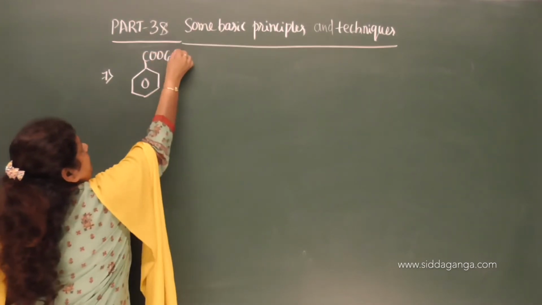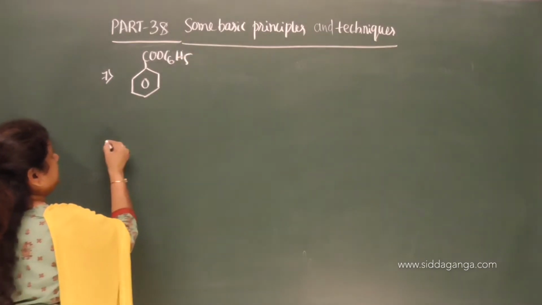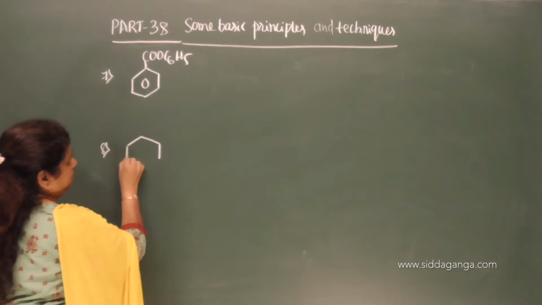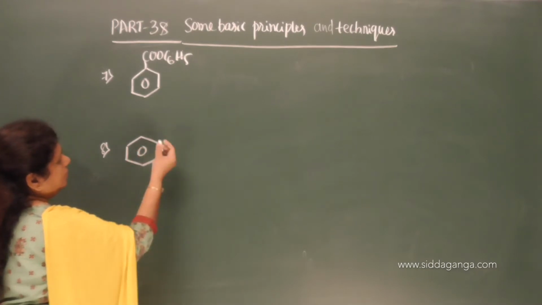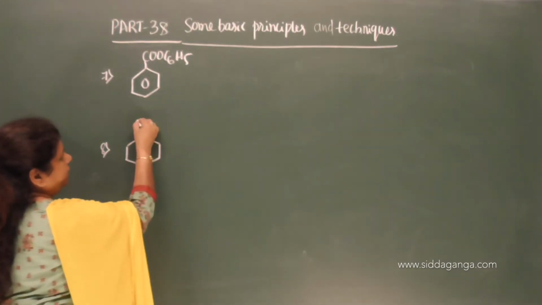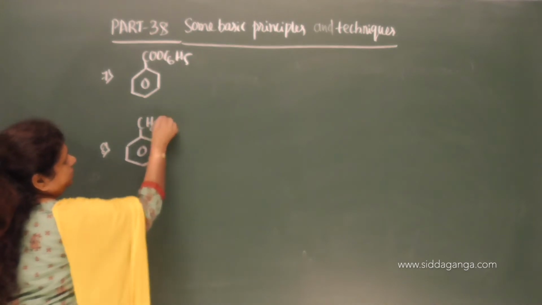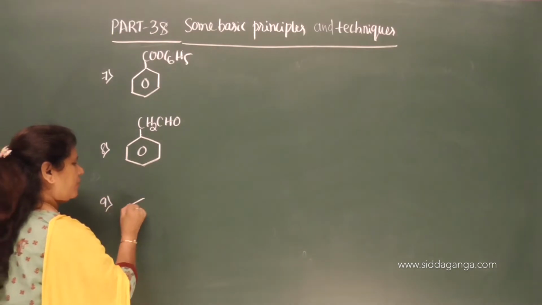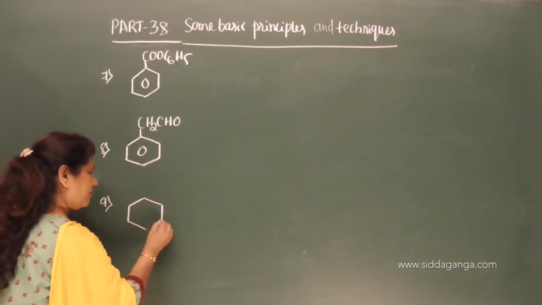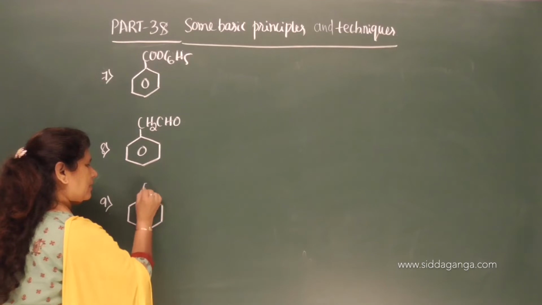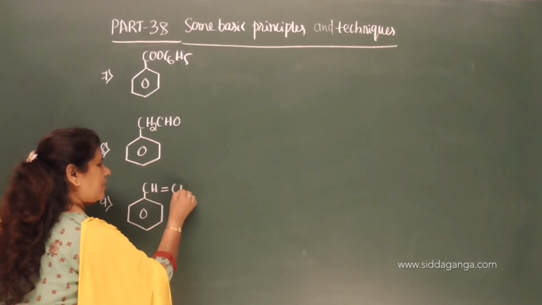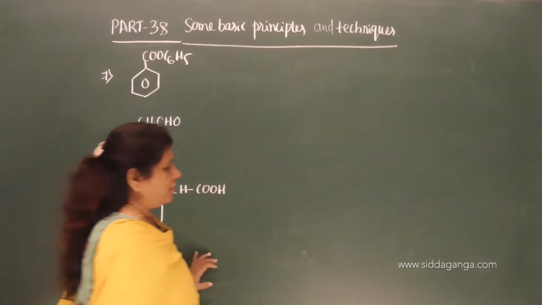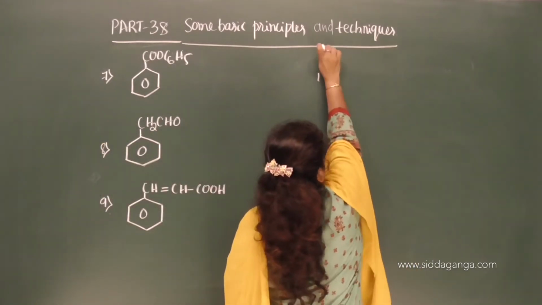COO C6H5. Here I can give CH2 CHO, the 9th one. CH double bond CH COOH, the 10th one.